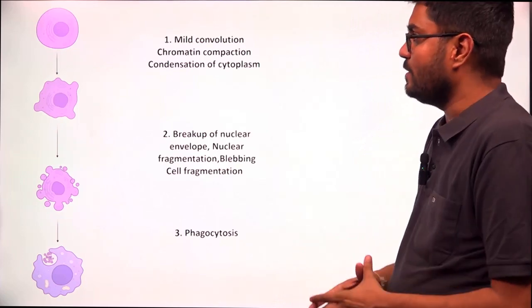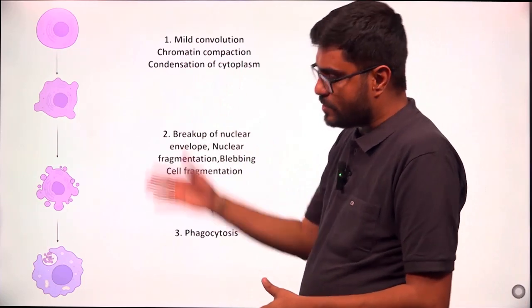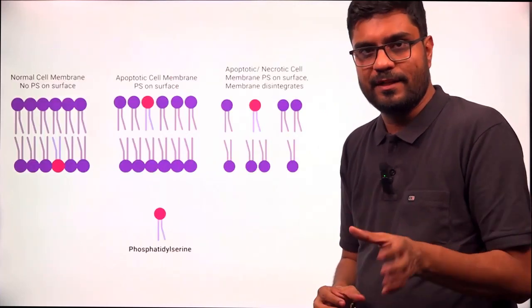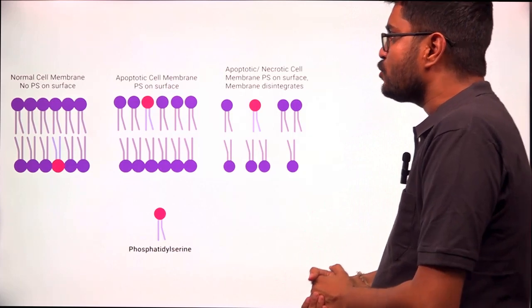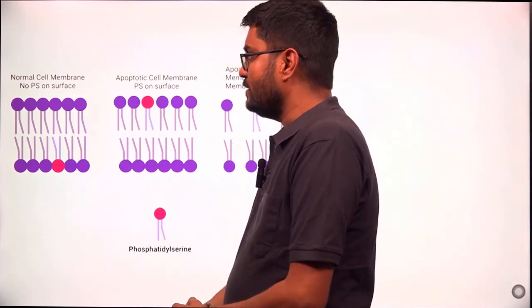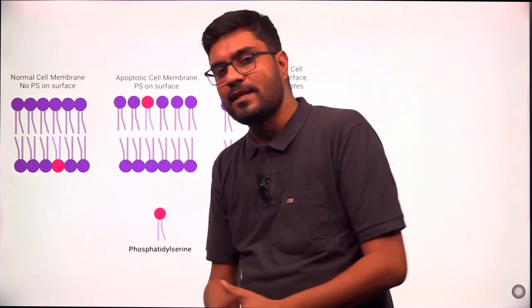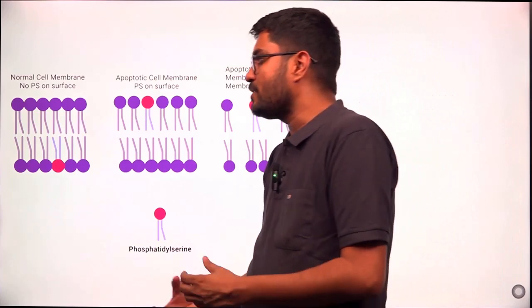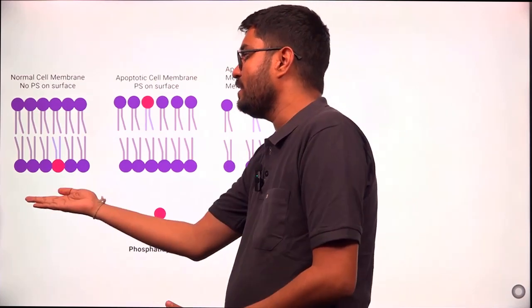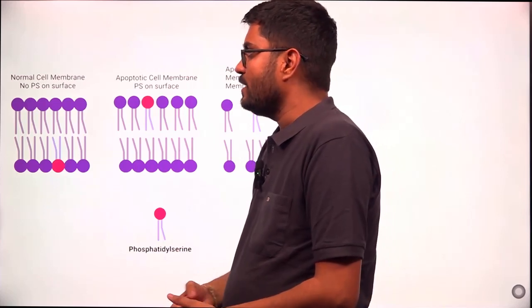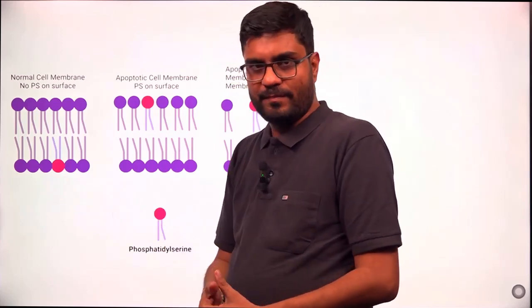One of the symptoms during this process of apoptosis is the flipping of phosphatidylserine. Now what is that? If we have a normal or healthy cell, then the phosphatidylserine molecule in these normal cells is present on the inner side of the plasma membrane, or you can say the inner surface of the plasma membrane.